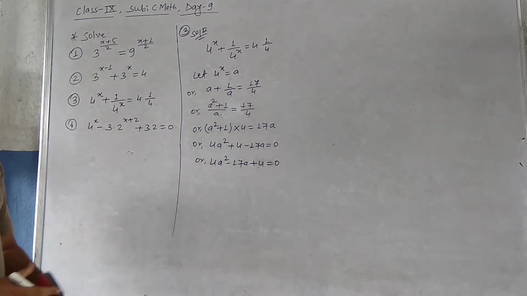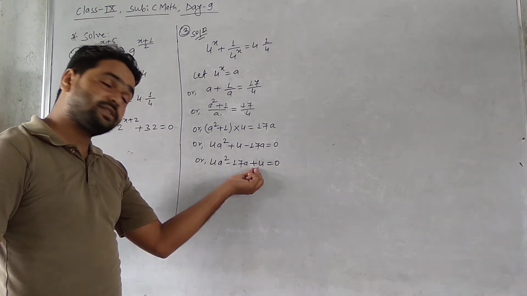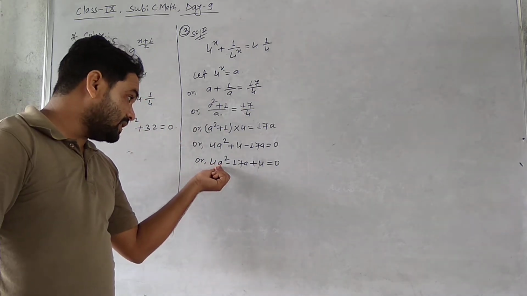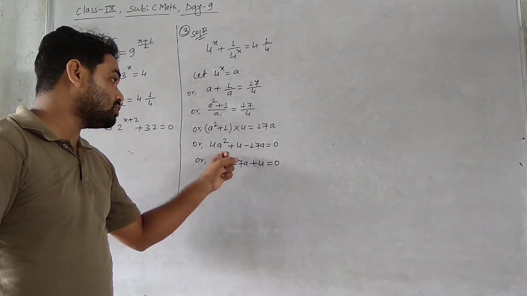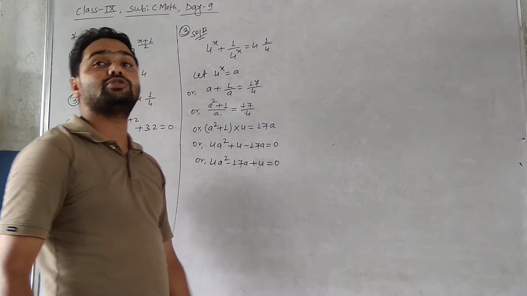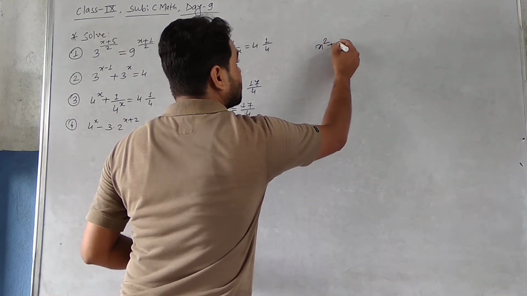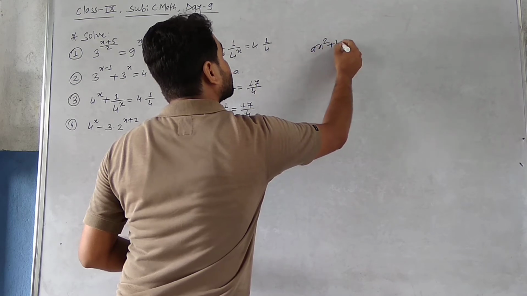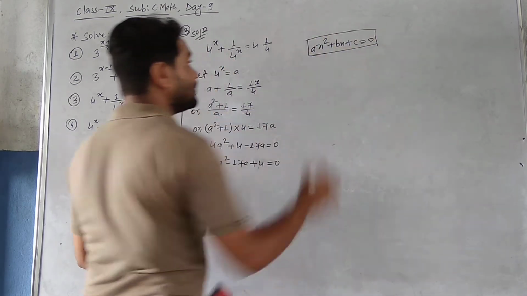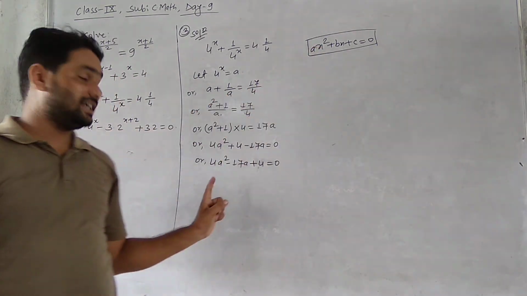And we have to check the sign of the constant term first. Here it is plus. Now 4a square minus 17a plus 4 is in the form of a quadratic equation, like this: ax square plus bx plus c equals to 0. This is the type of quadratic equation, but in place of x here it is a.